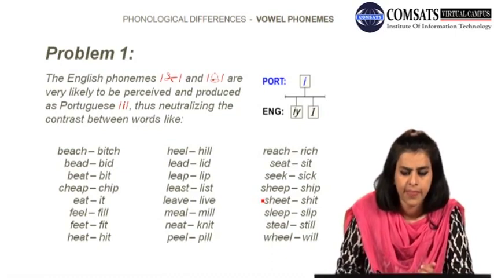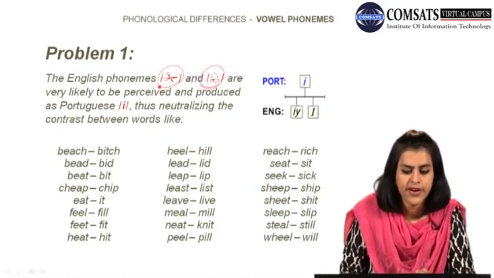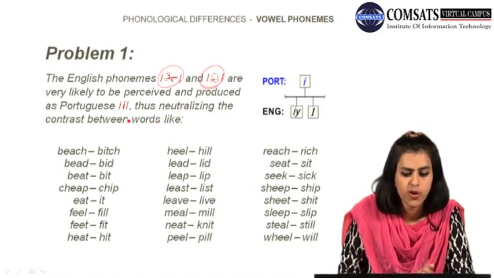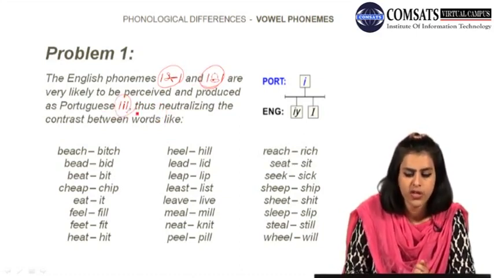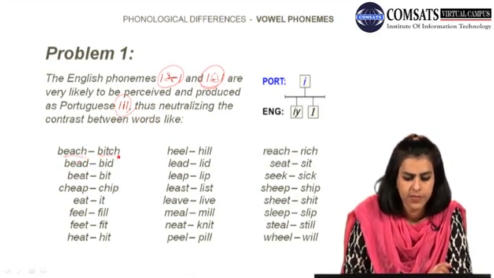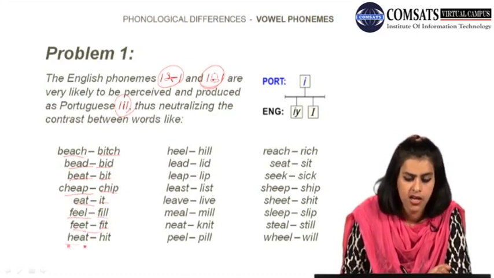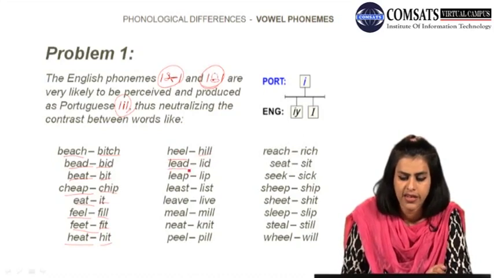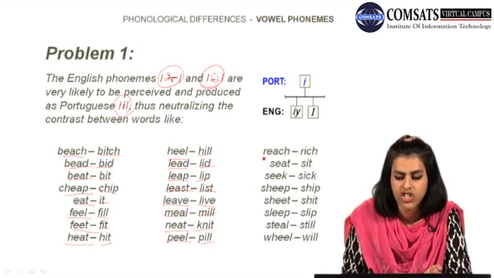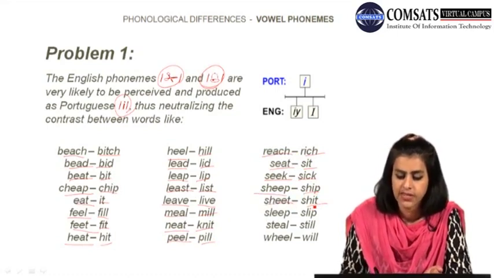The English phonemes, this one and this one, are very likely to be perceived and produced as the Portuguese E, thus neutralizing the contrast between words like beach, bitch, bead, bit, beat, bit, cheap, chip, eat, it, feel, fill, feet, fit, heat, hit, heel, hill, lead, lid, leap, lip, least, list, leave, live, meal, mill, neat, knit, peel, pill, reach, rich, seat, sit, seek, sick, sheep, ship, sheet, shit, sleep, slip, steal, still, wheel, will.